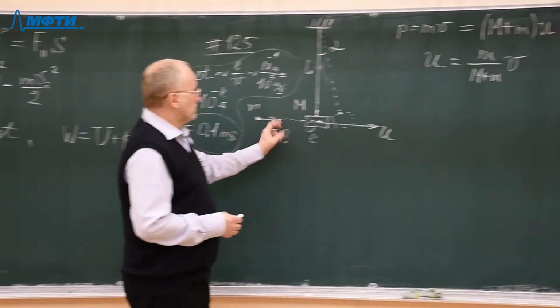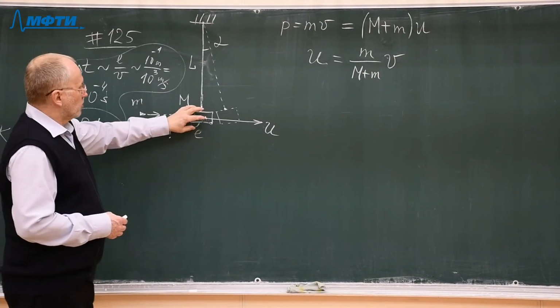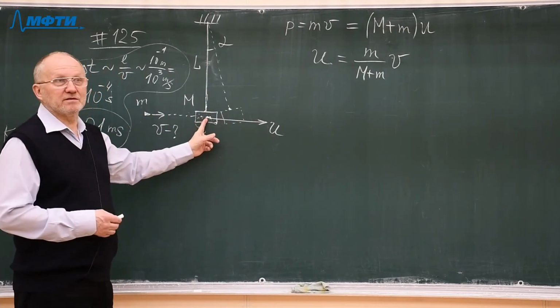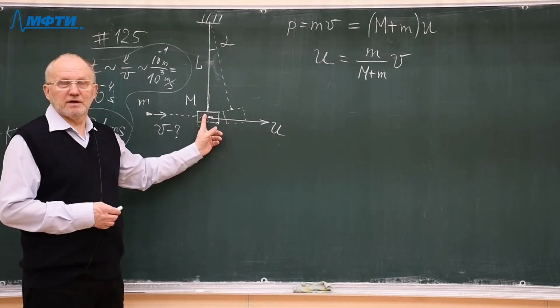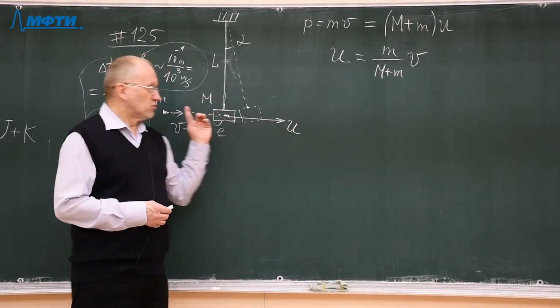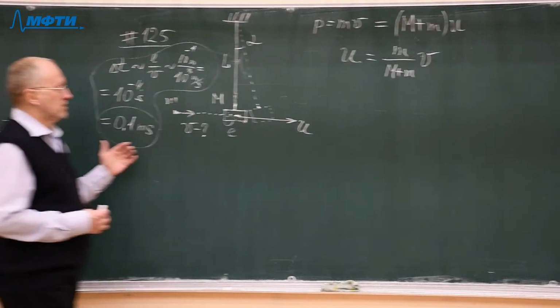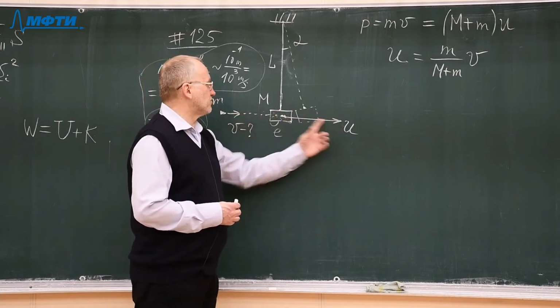So after the bullet has stuck in the box, this object starts moving with the velocity u. What happens then? If it has some velocity, it has some kinetic energy. And it moves in the gravitational field of the Earth, where we have potential energy of bodies in the gravitational field. We don't take into account forces of air drag.